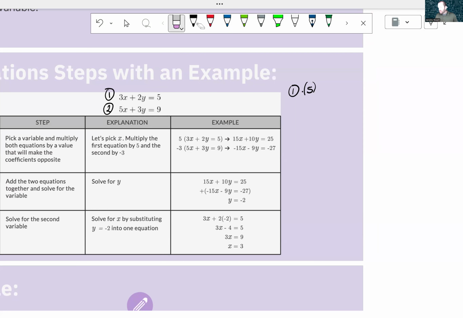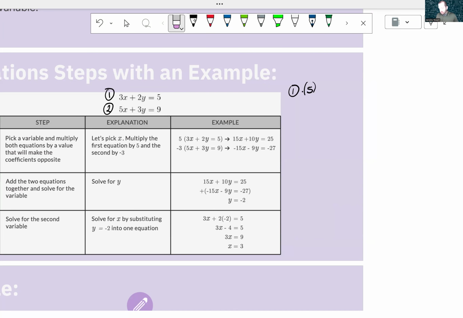So we're going to multiply equation 1 times 5. And if you remember when you did addition in elementary school, like 355 plus 240, and you add in the columns, it's kind of like that with elimination.